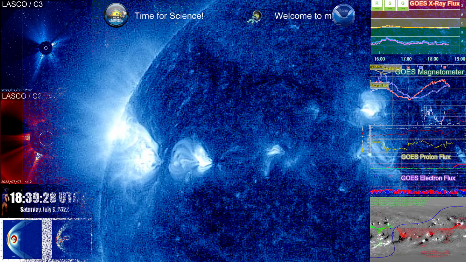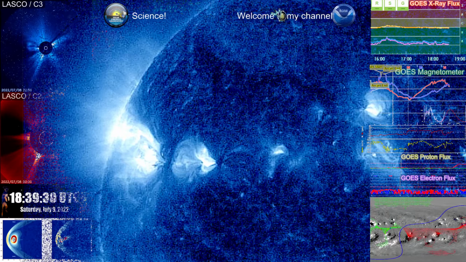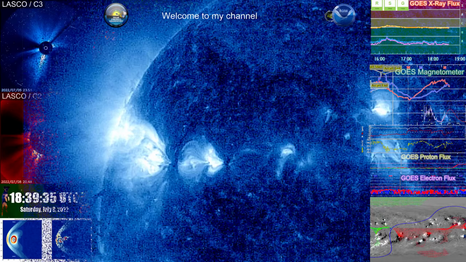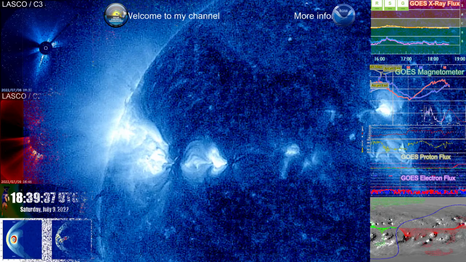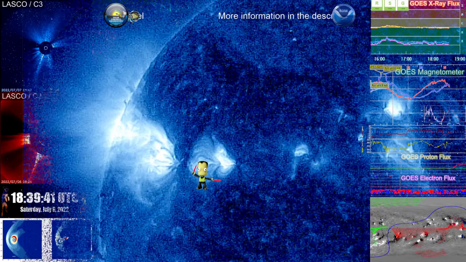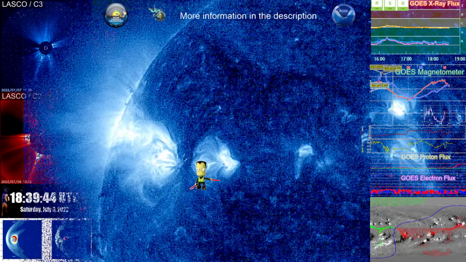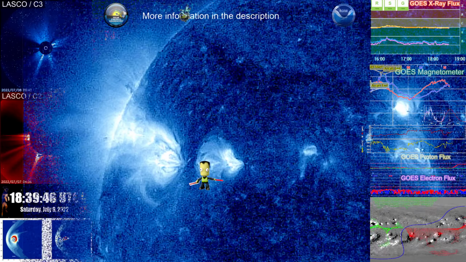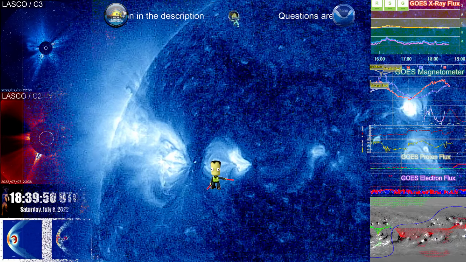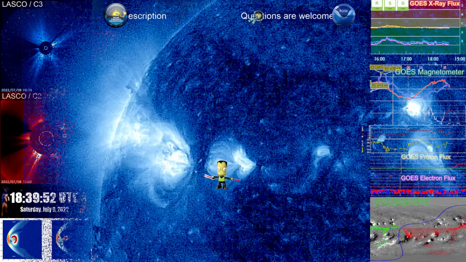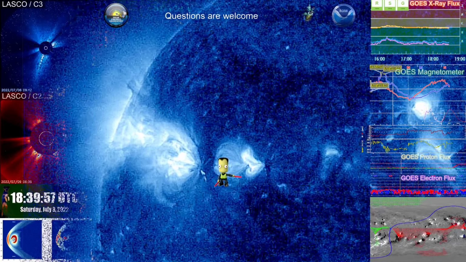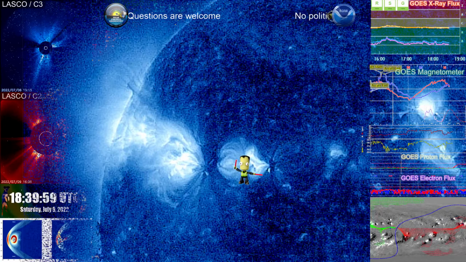All right, and in doing so, we can see this hotter area, and pay very close attention to this right here. It's just little tiny flashes.